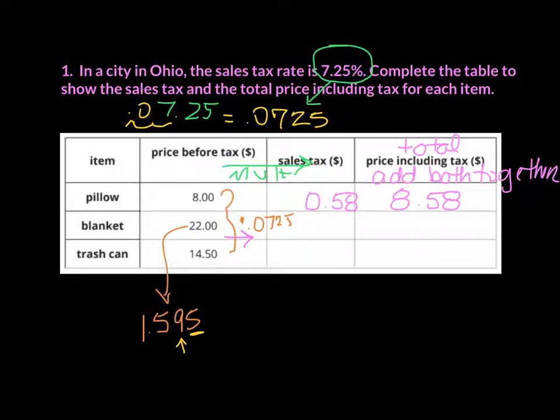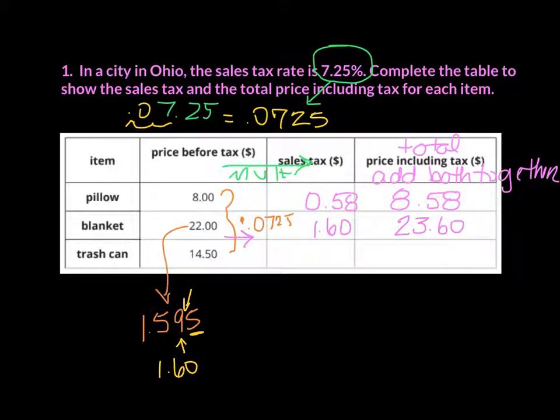So we look at the 5. If it's equal to or greater than 5, we know that this has to go up, but in order to make 59 go up, because it's a 9, it's actually going to become 60. So therefore it's $1.60. And then when we add those together, we're going to get $23.60 as our answer.